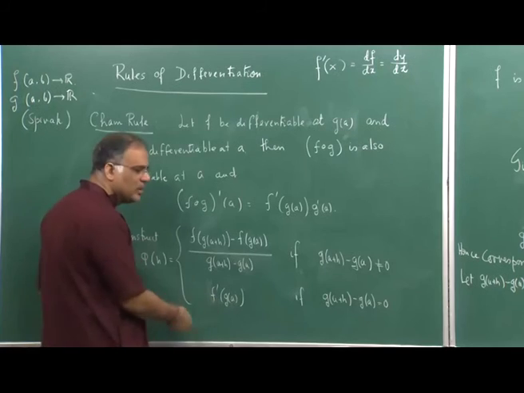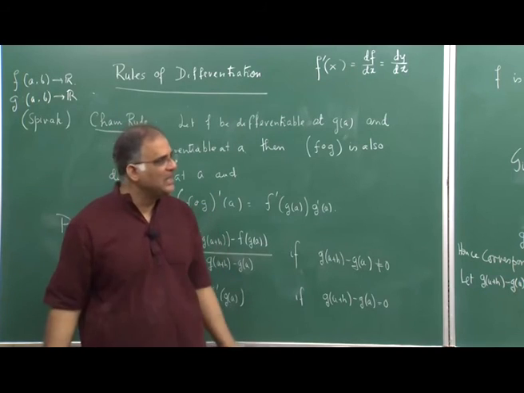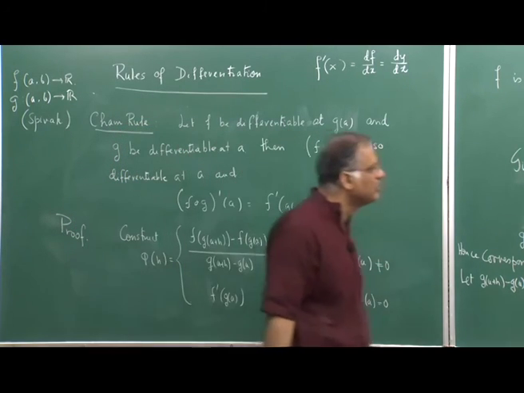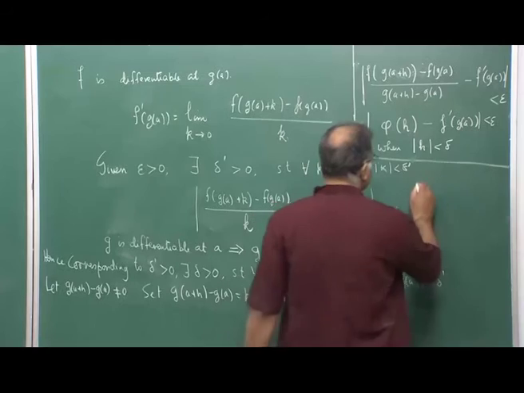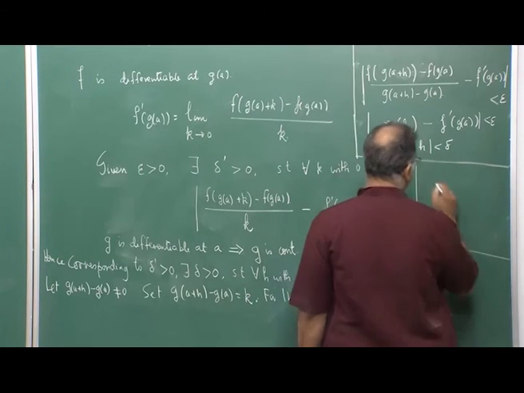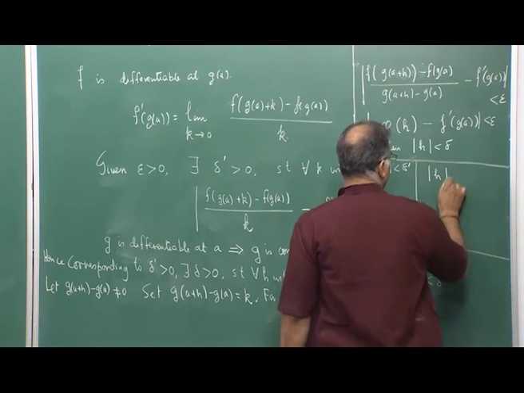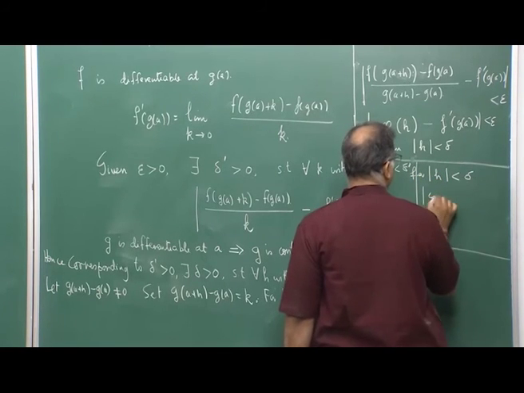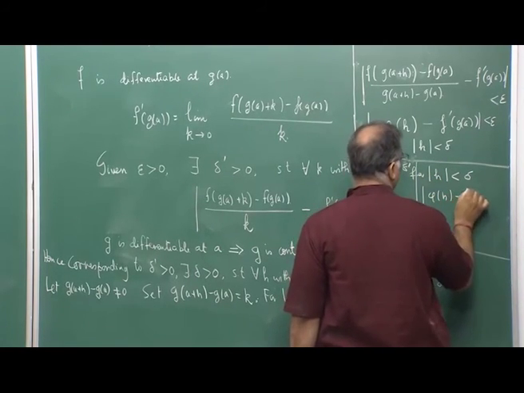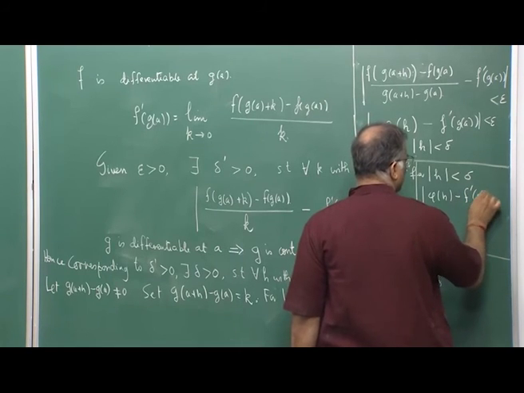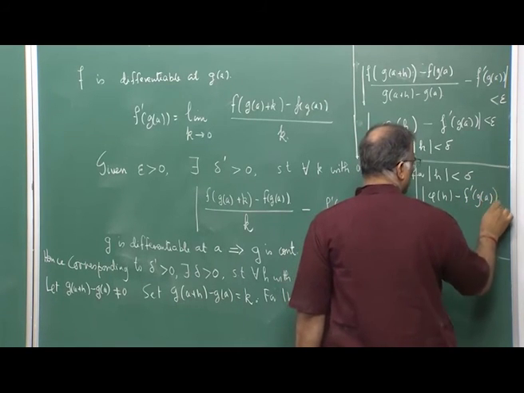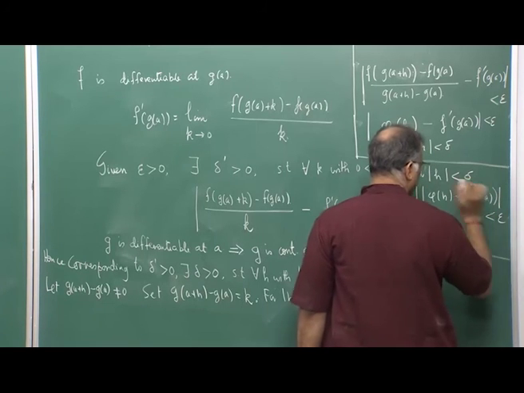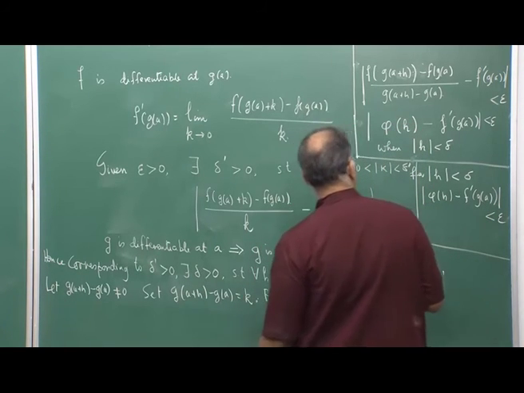So, their difference would anyway be 0 and would be less than any epsilon that you choose, because epsilon is positive. So, for |h| less than delta, phi h minus f dash of g a is strictly less than epsilon. It doesn't matter. So, this is true.